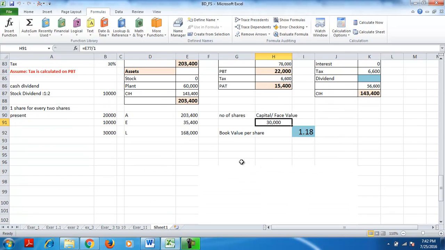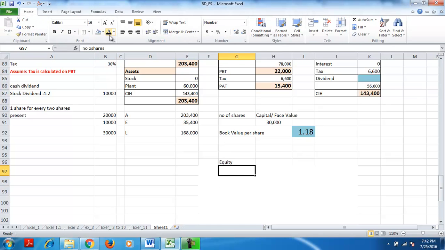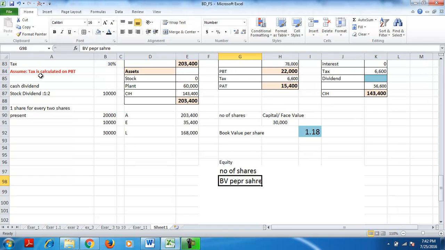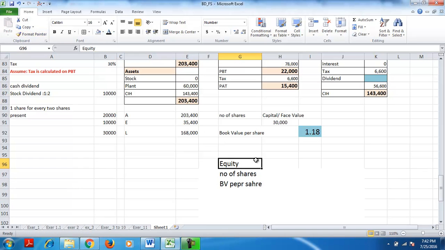So with dividend, we'll put that in this way: equity, number of shares, then book value per share. The book value per share is equal to equity divided by number of shares.